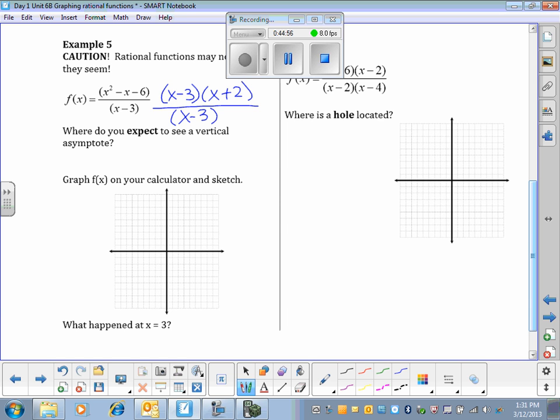Normally, you would assume that your asymptote would be at x equals 3, because we set that equal to 0. But what happens is you factor out this x minus 3, and you end up with x plus 2.